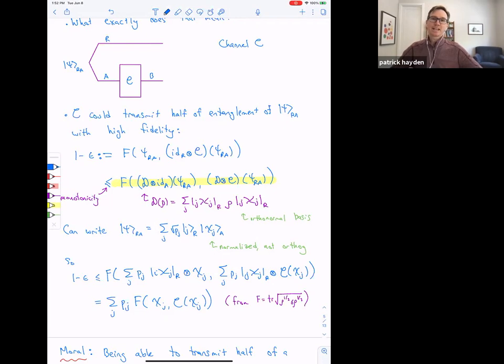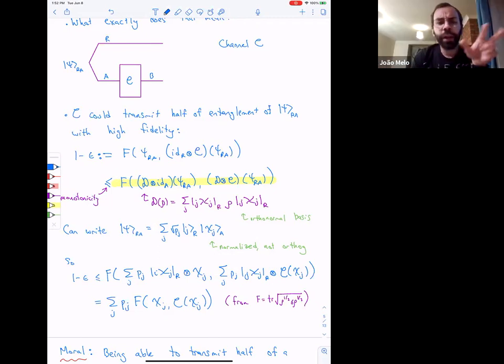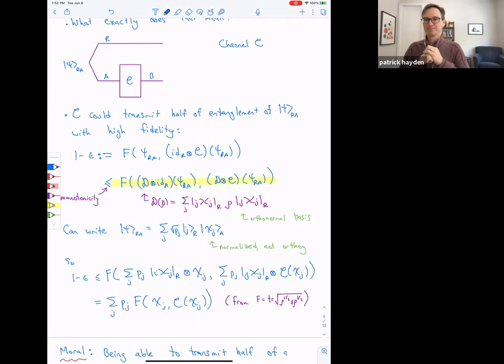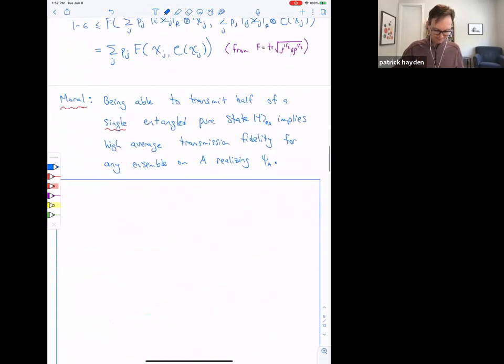On the one hand, it's just a property of the fidelity function, right? That fidelity can only increase if you post-process: you have some pair of states, you look at their fidelity, and then you apply any channel. Oh, I think it was just my intuition was wrong. High fidelity means the states are close, not further away. Yeah. Okay, sorry. Thanks. Okay.